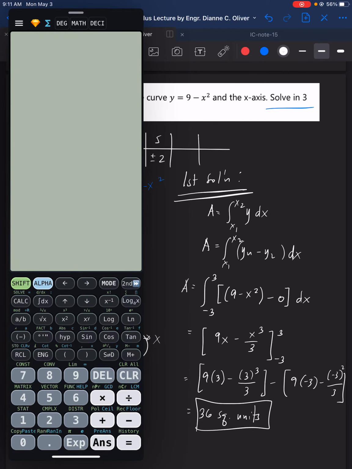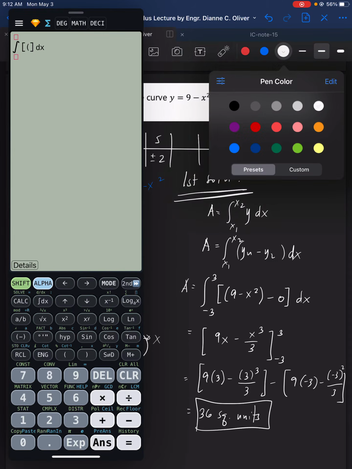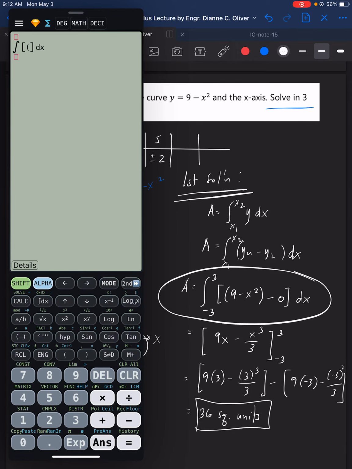We just input integral of, parentheses, 9 minus alpha x squared, close it with parentheses. So we have here negative 3 to 3, equals 36. So we have the correct answer.